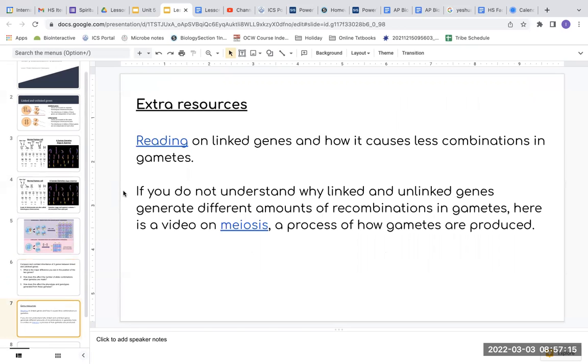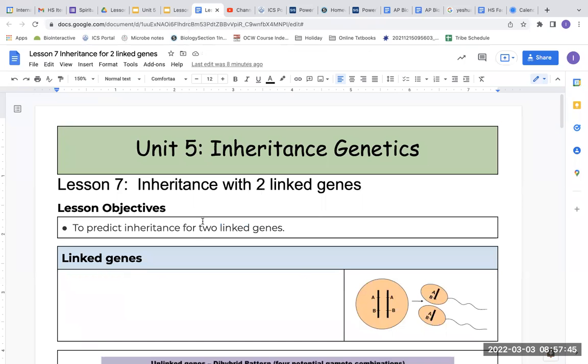And if you still don't get the idea of how gametes are made and why linked and unlinked genes produce different combinations, there's a video on Osmosis. It explains the process of how gametes are produced and how the chromosomes split in half, or halve in number, when they go through meiosis.